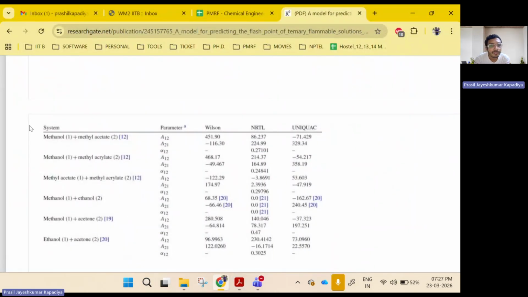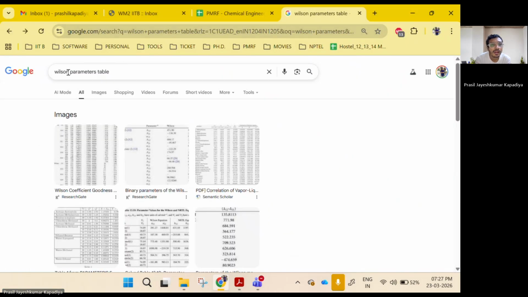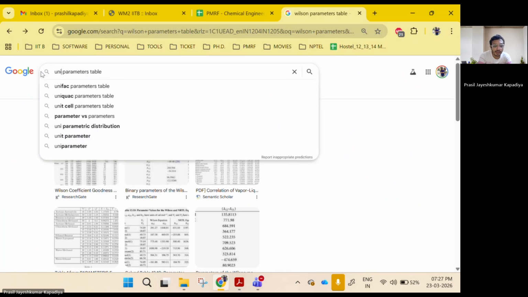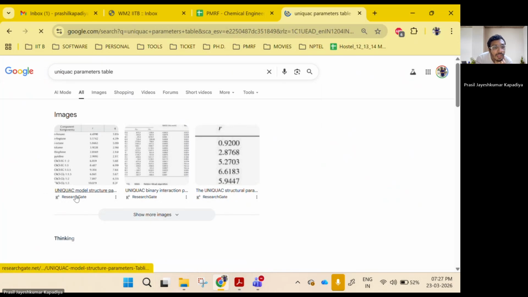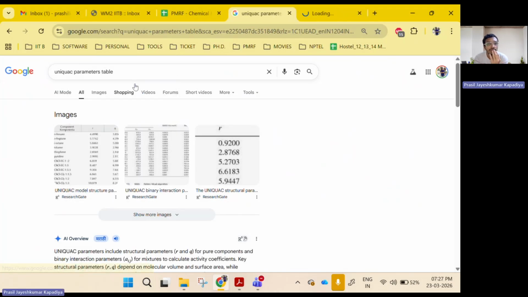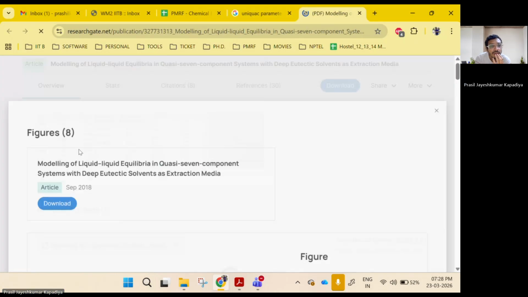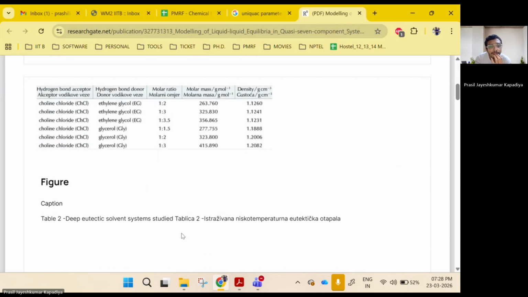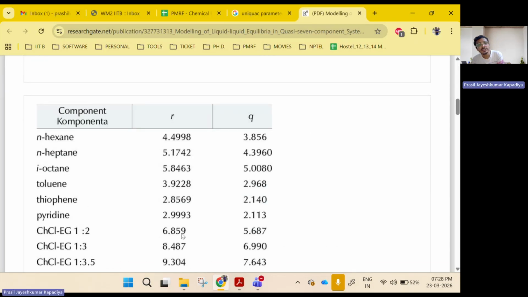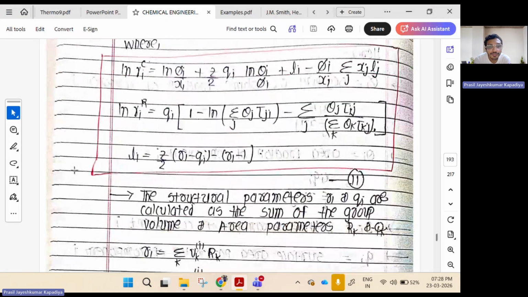Now see, these are R and Q parameters that we first need to find out.